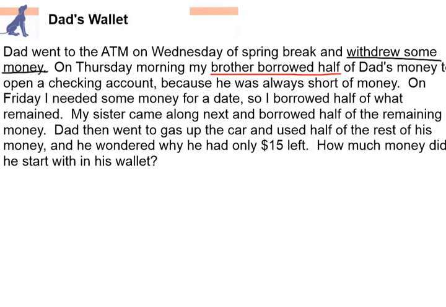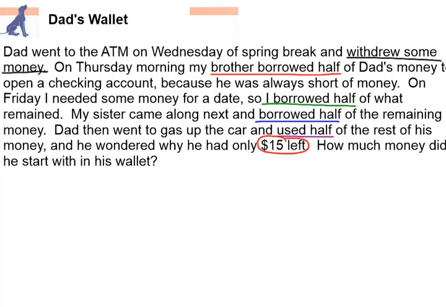On Friday, I needed some money for a date, so I borrowed half of what remained. My sister came along the next day and borrowed half of the remaining money. Dad then went to fill up his car with gas, and he used half. And then we found out that there is $15 left.